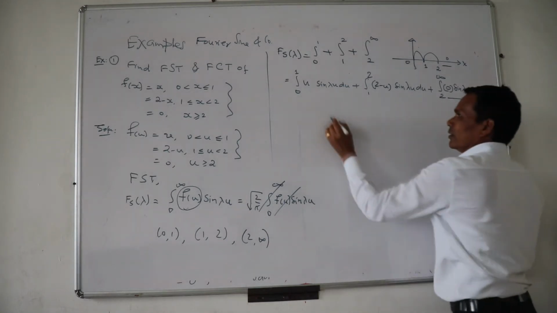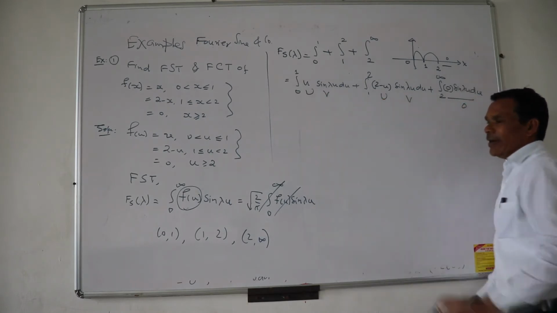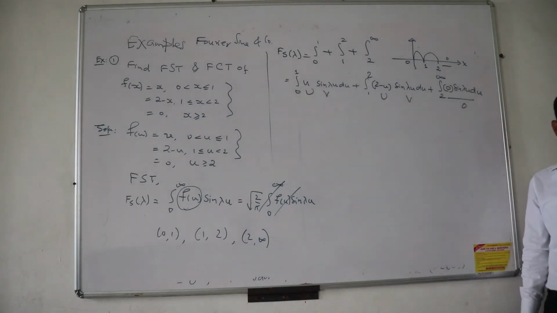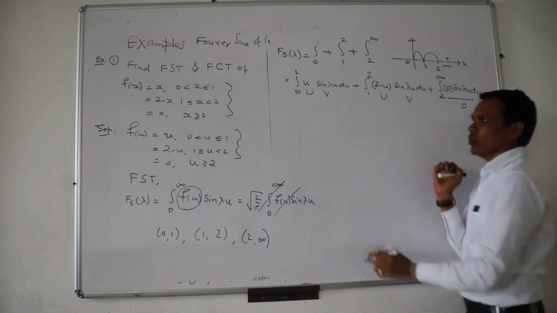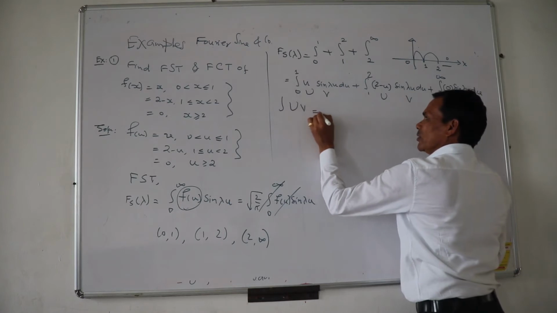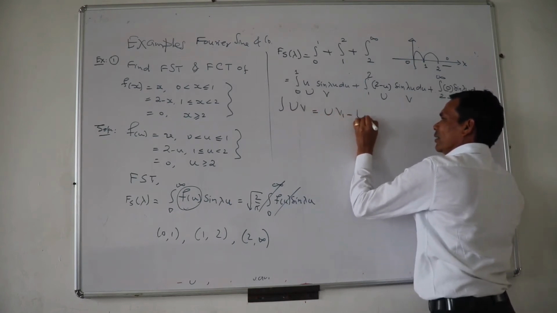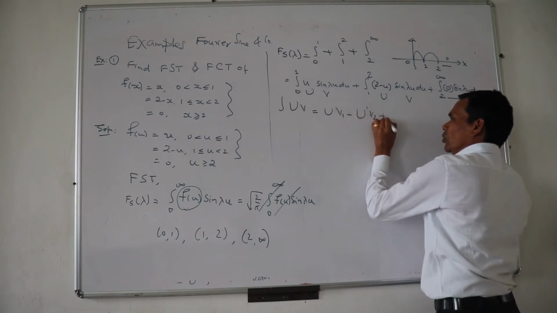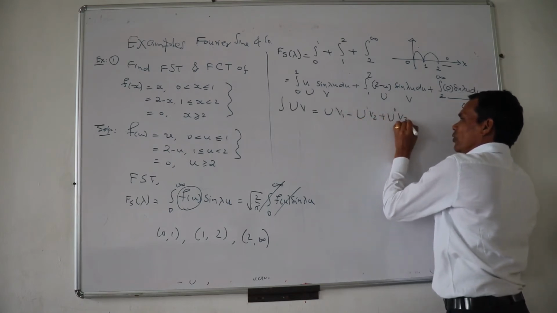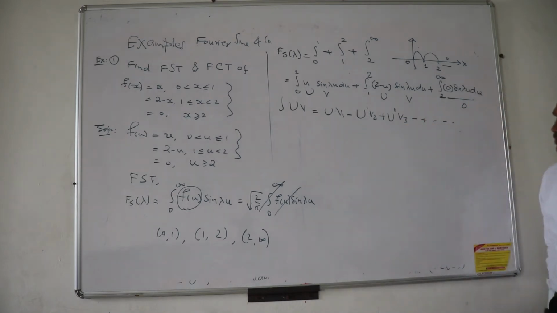Now I take the first function as capital U and the second as V, and I apply integration by parts here. Now you know the rule there: integral of U V equals U V1 minus U dash V2 plus U double dash V3, with alternating plus and minus signs.